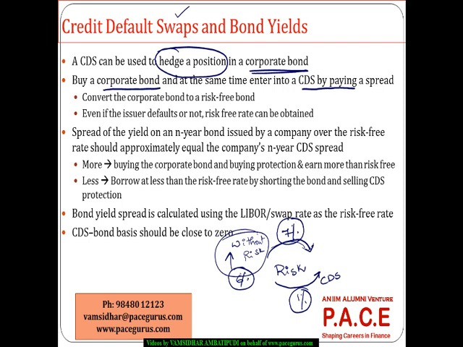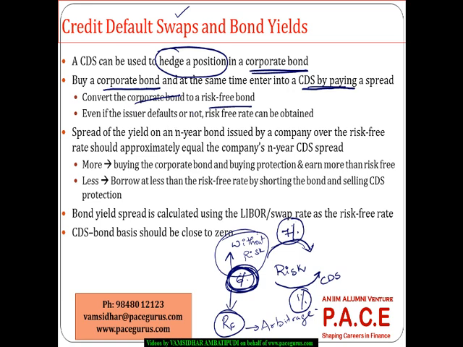If that's the case, the net return that I am getting should be close to the risk-free rate of return itself. If it is not the same as the risk-free rate of return, then there is a possibility of arbitrage profit. So that's a major thing in terms of the pricing. I can buy a corporate bond and I can enter into a CDS. Virtually, I am converting my corporate bond into a risk-free bond.